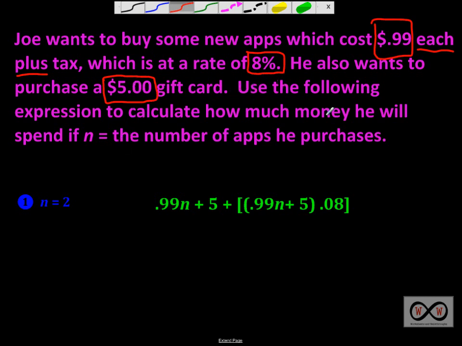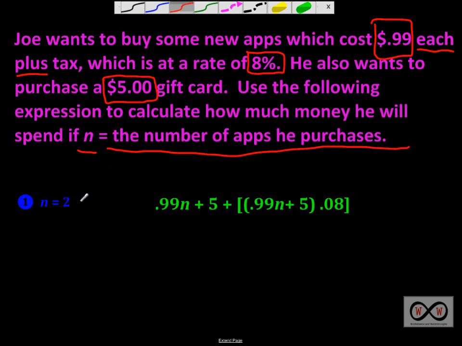And it says, use the following expression to calculate how much money he will spend if n equals the number of apps he purchases. And that's what we have given to you down here. We have n equals 2, so that must mean that, well, you're probably thinking that too, that the number of apps he purchases is 2.